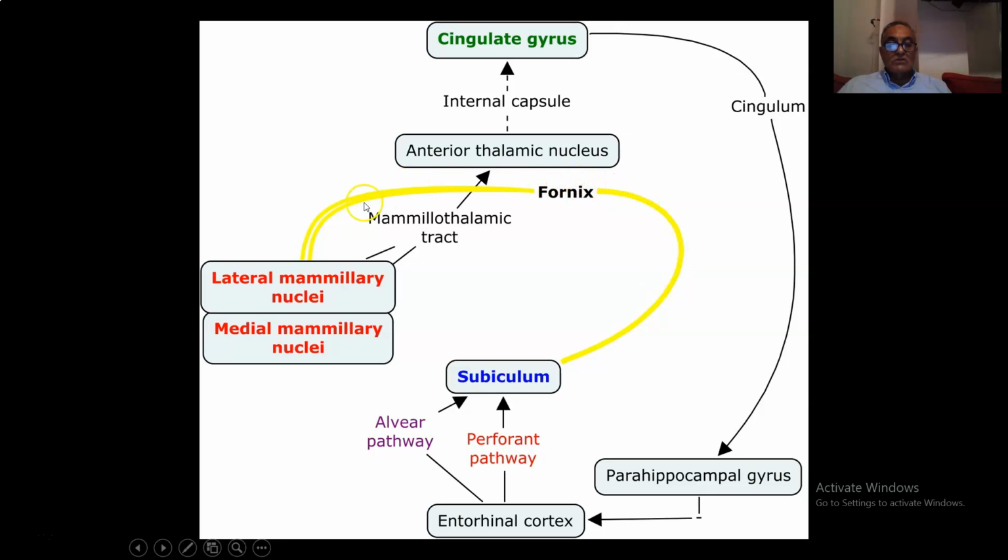The fornix goes down to the mammillary bodies, and from the mammillary nuclei, the mammillothalamic tract goes to the anterior thalamic region, internal capsule, cingulate gyrus again. So again, cingulate gyrus, cingulum, parahippocampal gyrus, hippocampus, fornix, mammillary body, mammillothalamic tract, anterior thalamic nuclei, internal capsule, cingulate gyrus.